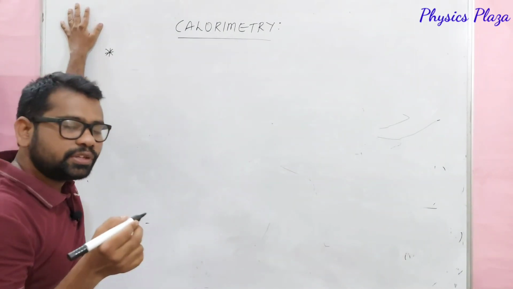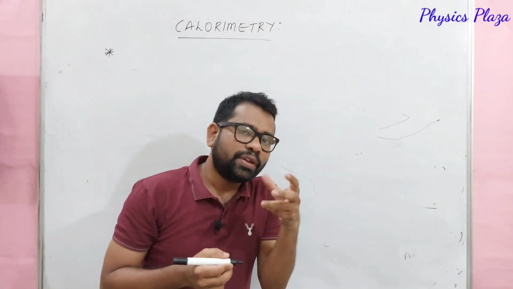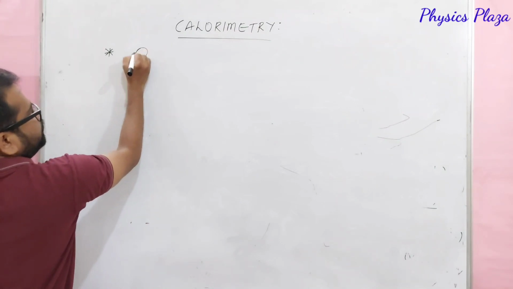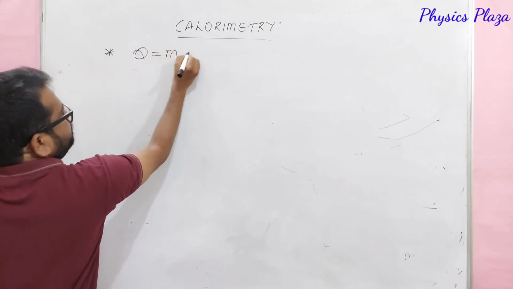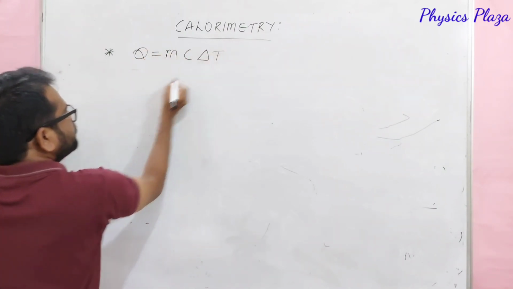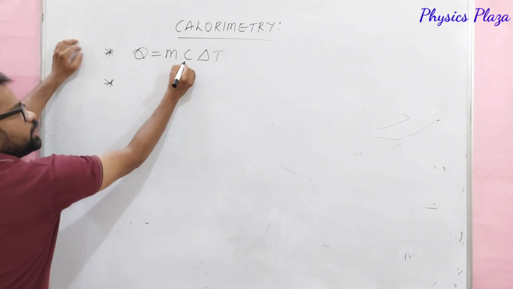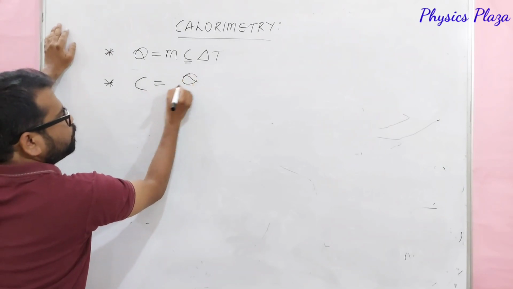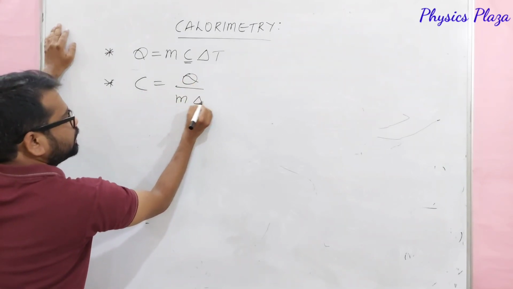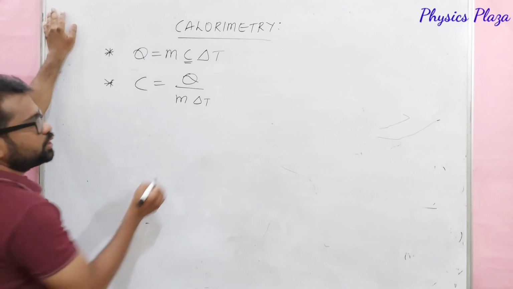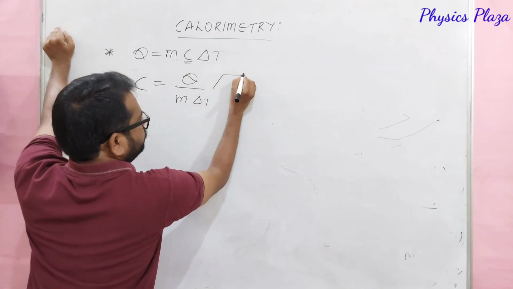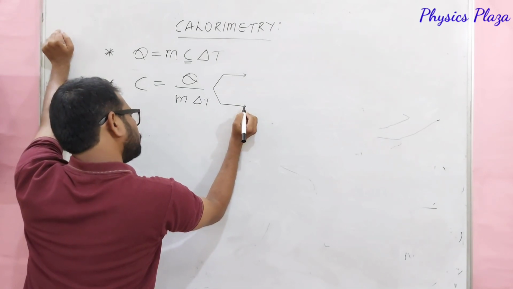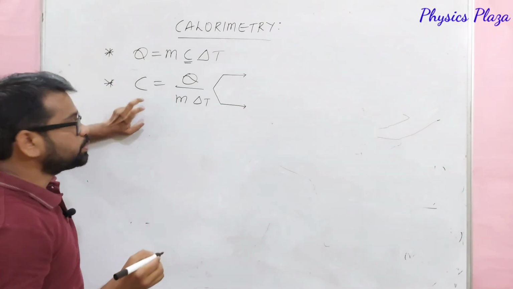The most important thing which we will be talking about is the amount of heat absorbed or the amount of heat rejected. That we can calculate here: Q is equal to MC delta T. From this only we can get the expression for specific heat capacity, that is C is equal to Q by m delta T. Children, what are the units of specific heat capacity?